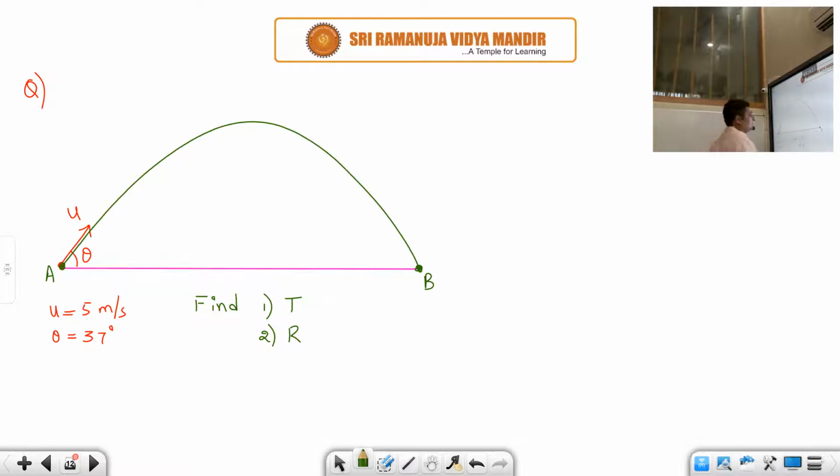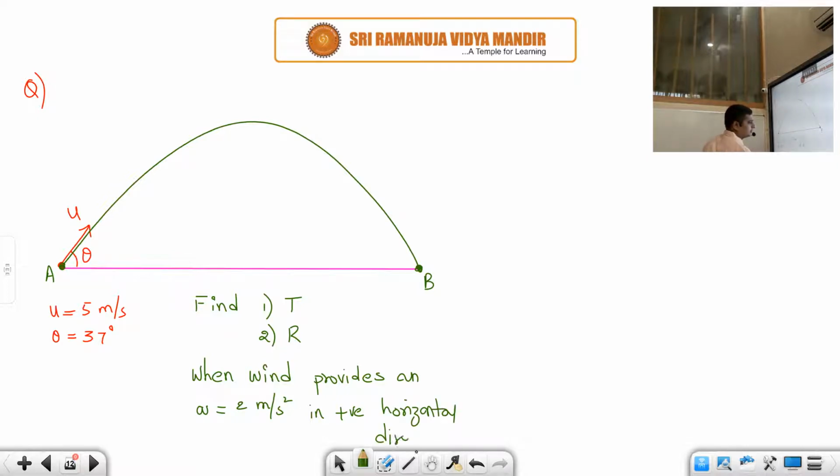The question is to find the time of flight and range when wind provides an acceleration of 2 meters per second square in positive horizontal direction. Understood, students?